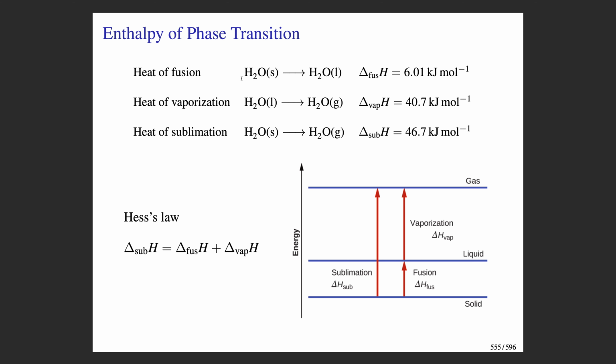If you imagine adding these two equations together, the water would cancel out, and you would have the sublimation reaction. So sublimation can be thought of as the sum of fusion and vaporization. As a consequence, the enthalpy of sublimation is the enthalpy of fusion plus the enthalpy of vaporization.